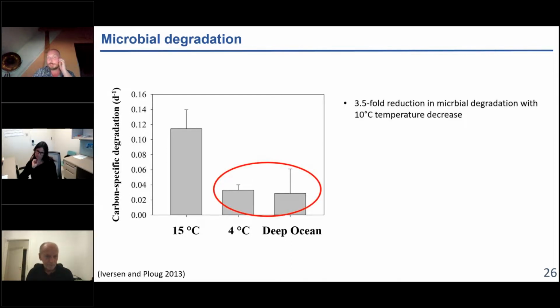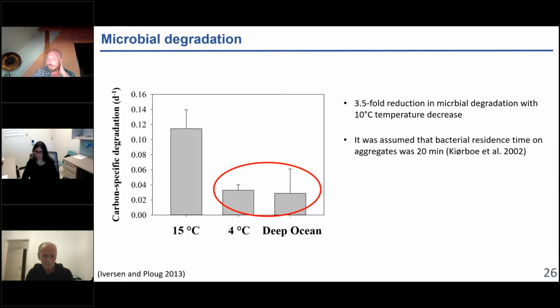And we found that they were pretty much the same. There was 3.5 fold reduced compared to at 15 degrees, which gave basically a Q10 of around 3.5. So when you reduced temperature by 10 degrees, you had 3.5 fold reduced carbon-specific degradation.